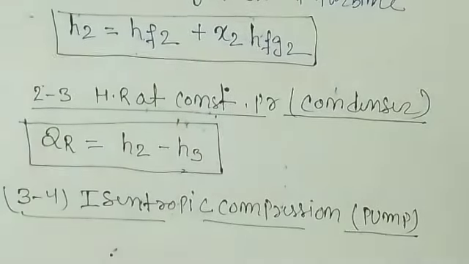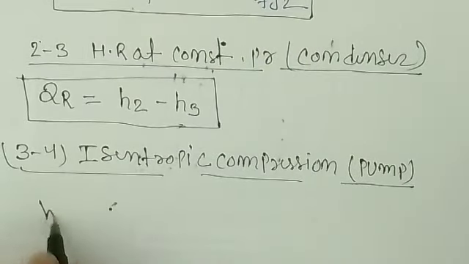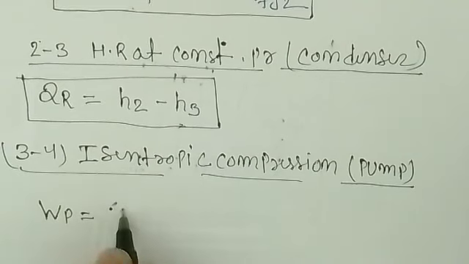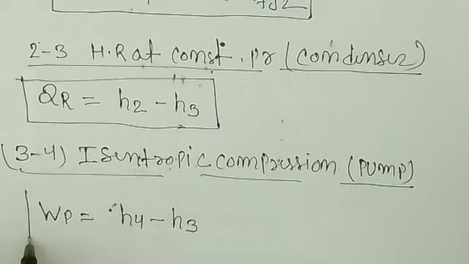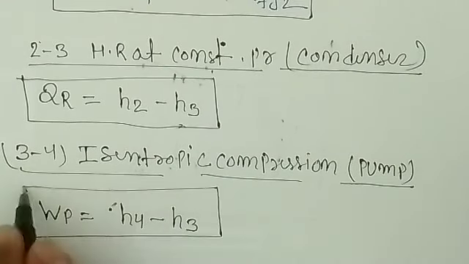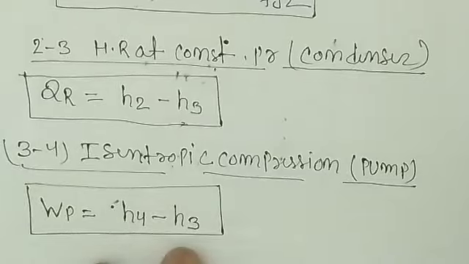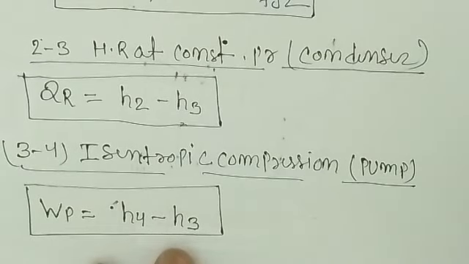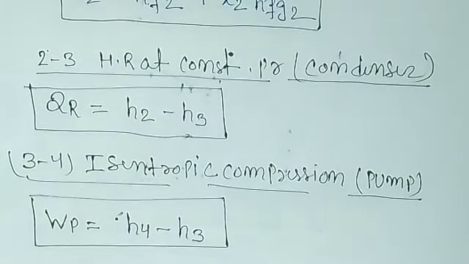So here the pump work is nothing but H4 minus H3, right? So from 3 to 4 only, so the pump work WP is equal to H4 minus H3. H4 and H3 you can get from the steam table at the leaving pressure, means at what pressure the fluid is leaving the pump and at what pressure the fluid is entering the pump, right? That you will get from the steam table. Again you can find the isentropic expression for work.